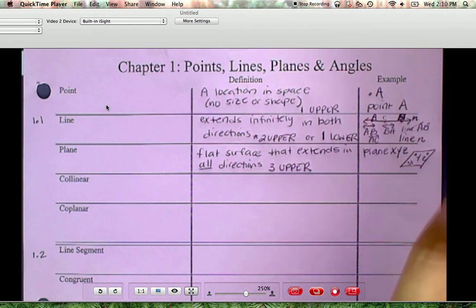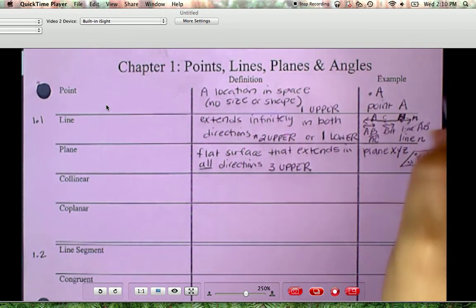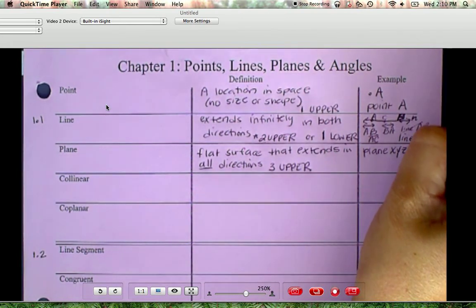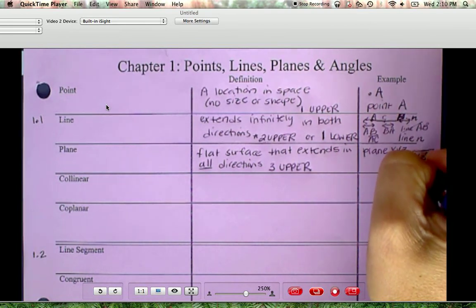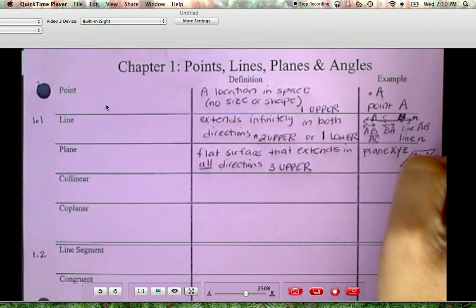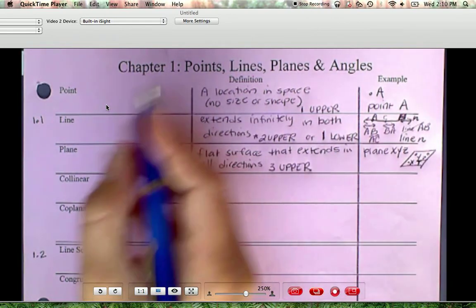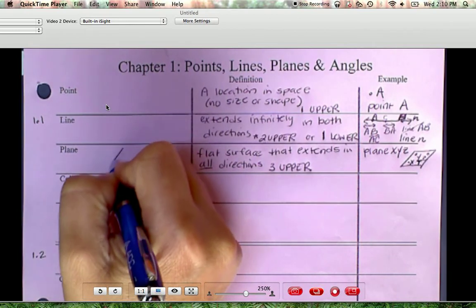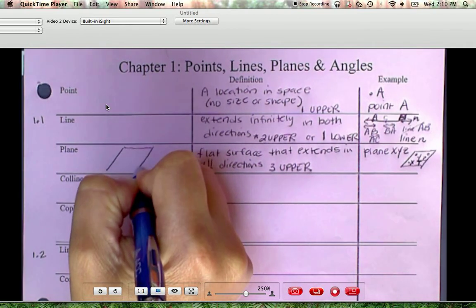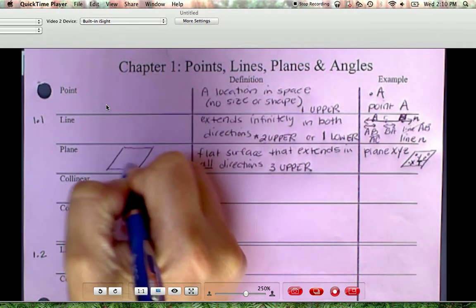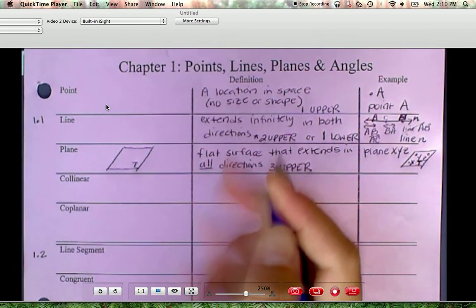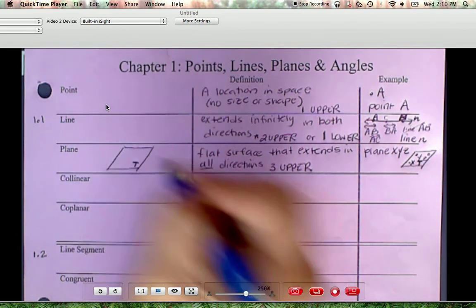Sometimes, however, this is a tiny picture, I understand, sometimes there's a letter in the corner that's not attached to a point. So if I draw it again over here, let's say there are no points labeled, but sometimes in the corner there's just an uppercase letter, and it's often script.